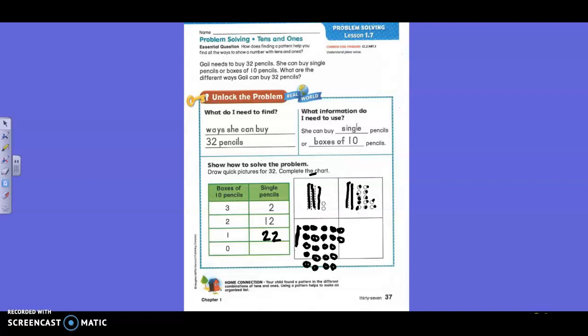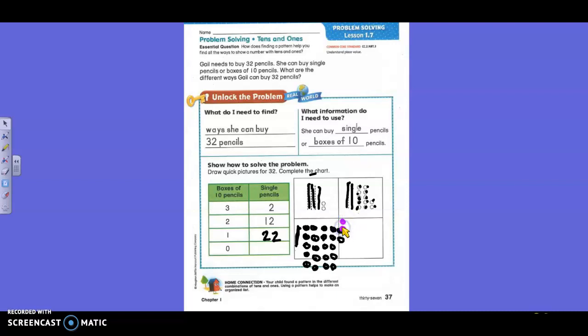If I don't have any dimes, which are 10 cents, and I needed to get 32 cents with only pennies, I'd have to do 32 pennies. They're only worth 1. So now we have to draw 32 pennies in groups of 5, okay? Are you ready? Okay.